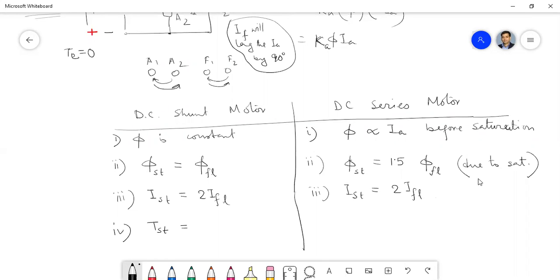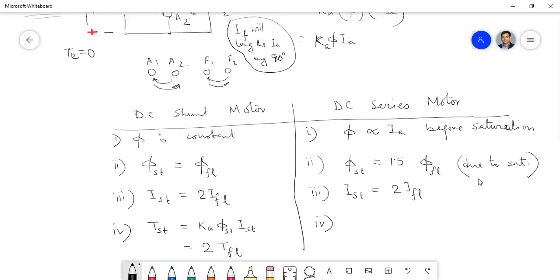For the torque you know the expression: Ka phi into I. If we write it, then we will get 2 into TFL.